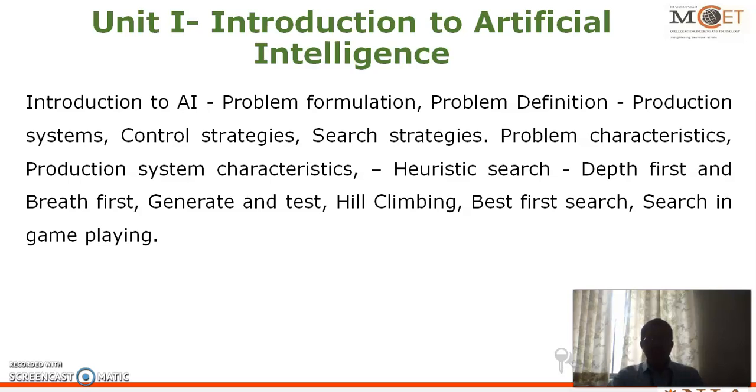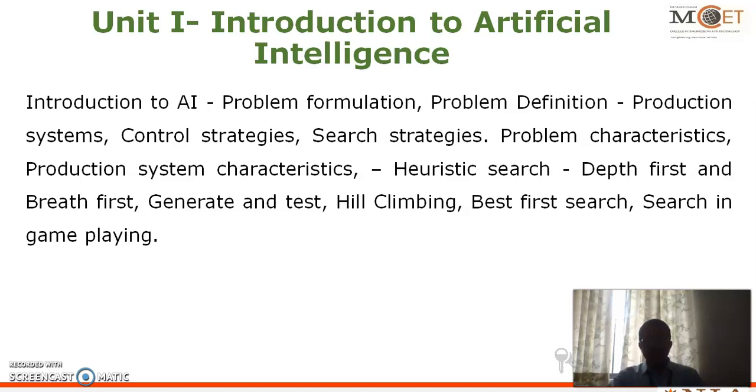Whenever we identify a certain problem, we need to define the problem, the production system and control strategies and search strategies. So we are going to follow certain control strategies and search strategies to solve those problems, along with problem characteristics, production system characteristics, and heuristic search.